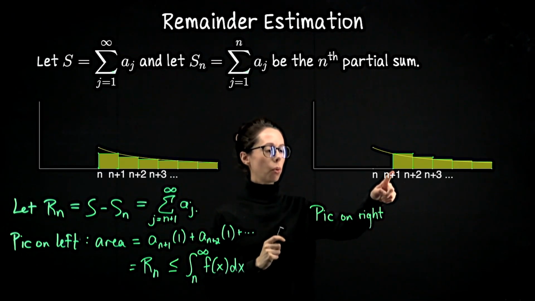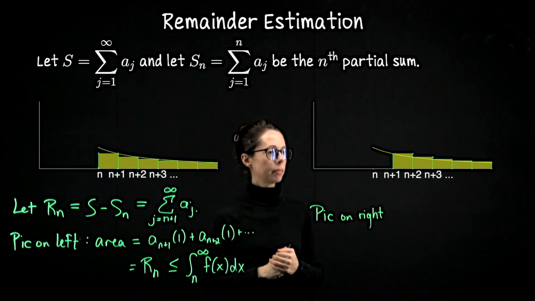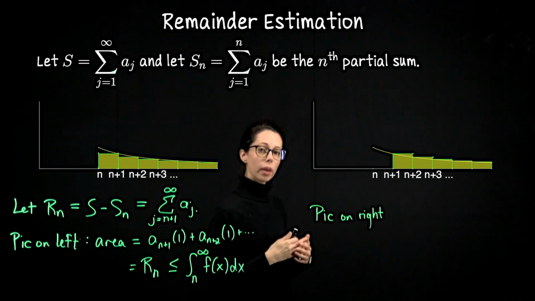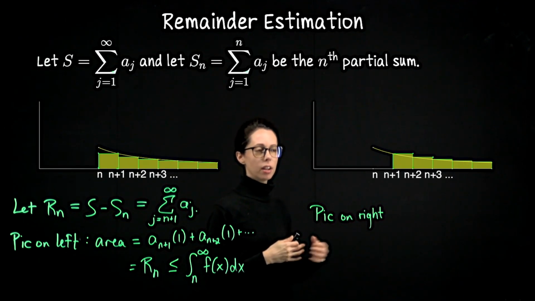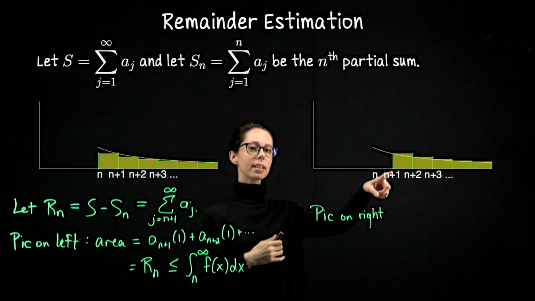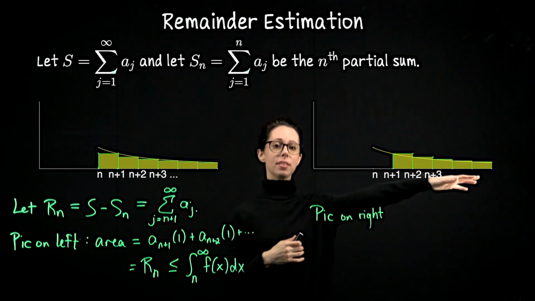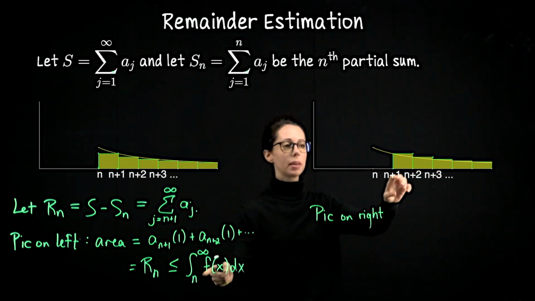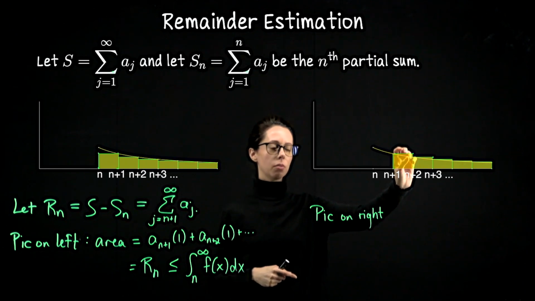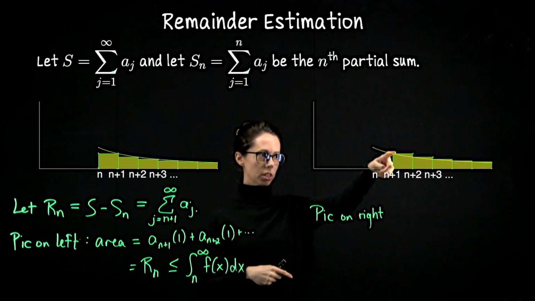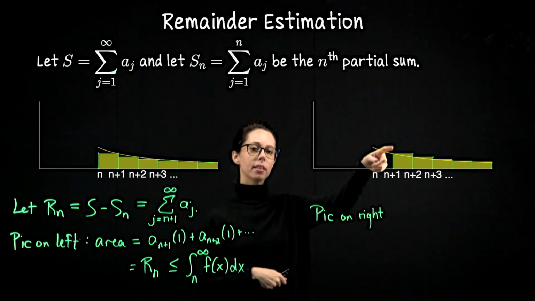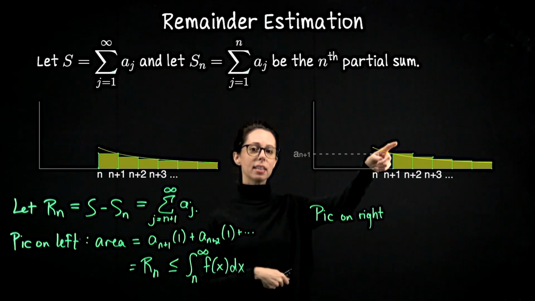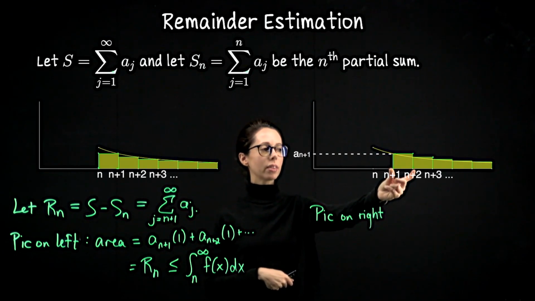Here, this point is still n plus 1. And now I'm basically going to estimate the area under the graph of this function starting at x equals n plus 1 using left endpoints. So this is going to be a different integral, but it's the same rectangular comparison where this first function value I've picked here, this left endpoint, is at the height a_{n+1}. And once again, the width is 1.